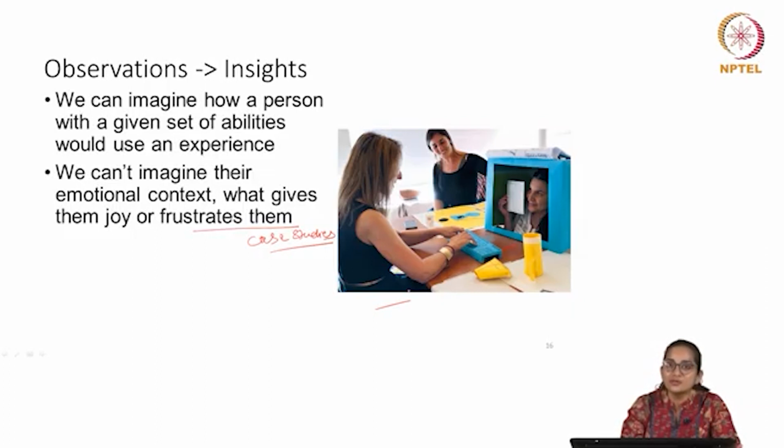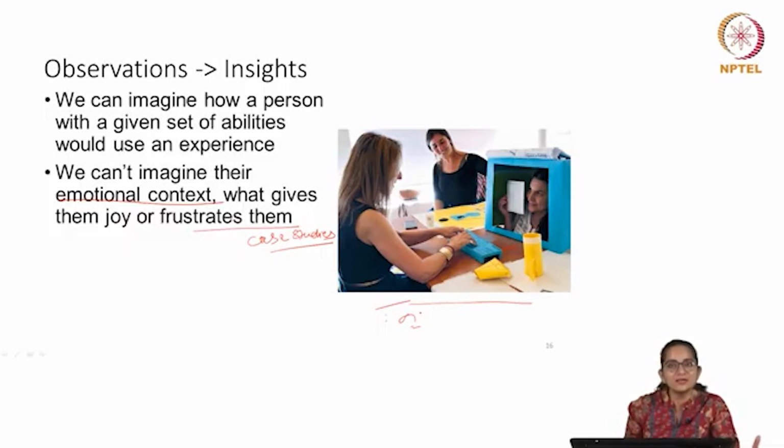That joy of doing something independently is the emotional context, which even the designers, when they try role play exercises, will not be able to understand or imitate, the emotional joy or the frustration they were facing for so long, and what would be the joy when they finally got the right solution.